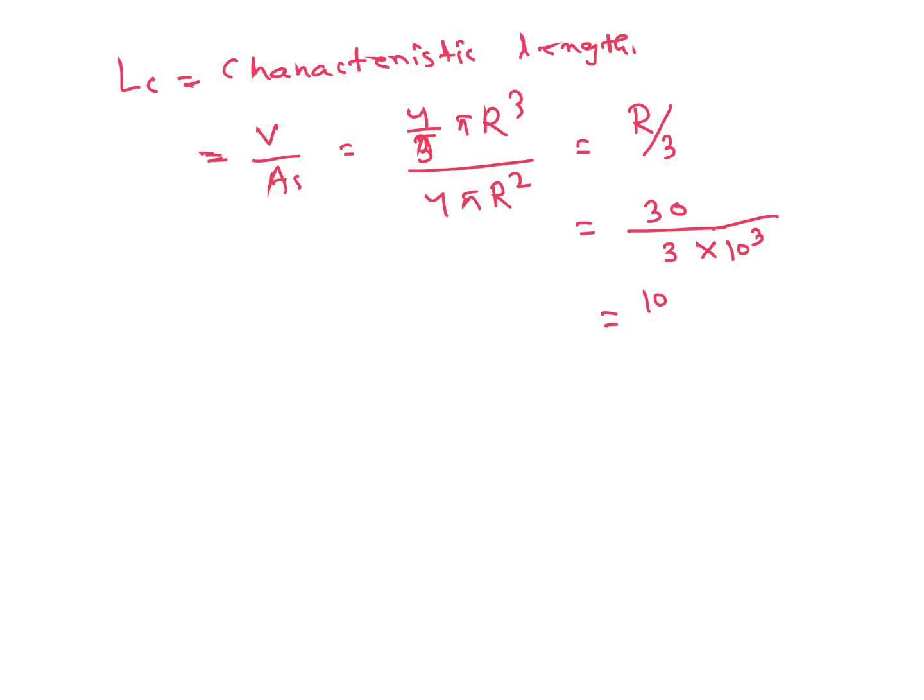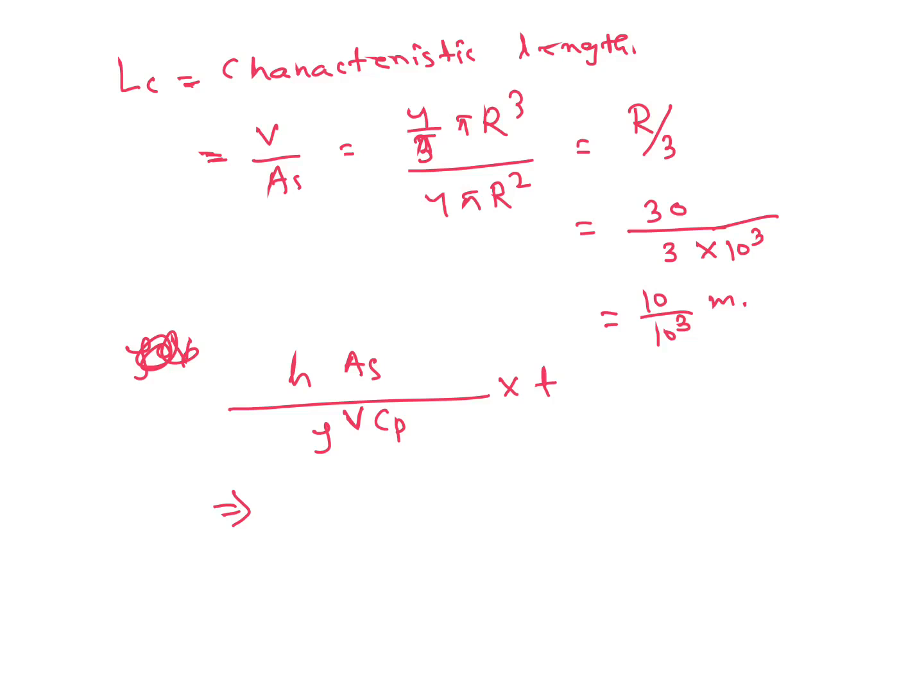Now we have to find out h As divided by rho V Cp whole into t. V by As is the characteristic length, so h into t by rho Lc Cp.